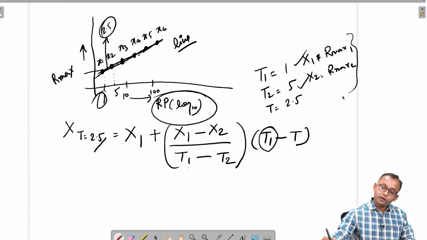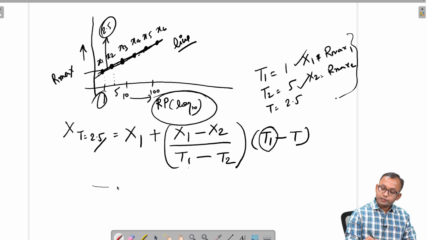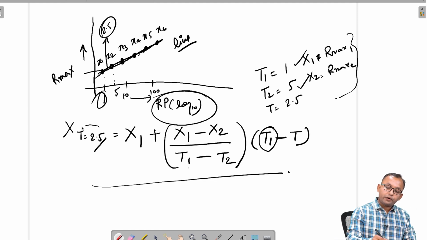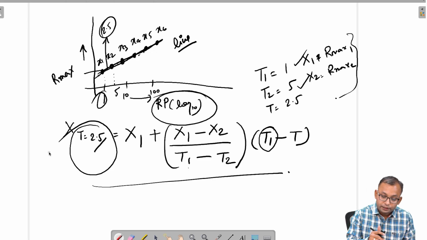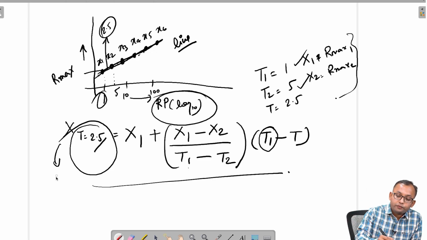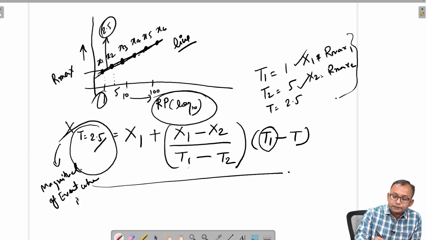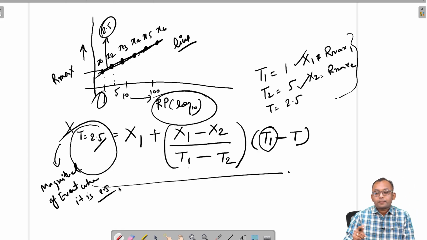So, you know all these values, you can put them in this equation and you will be able to find out xt for t equal to 2.5, that is basically the magnitude of the event when the return period is 2.5, like that.